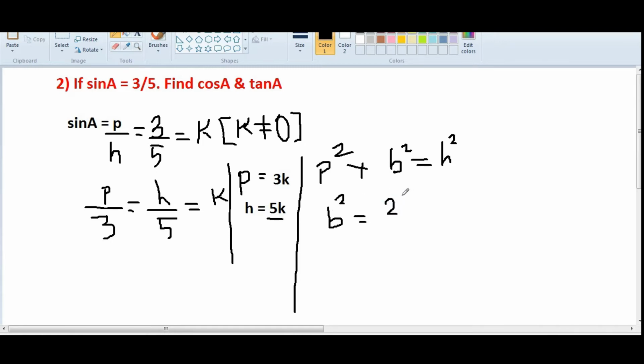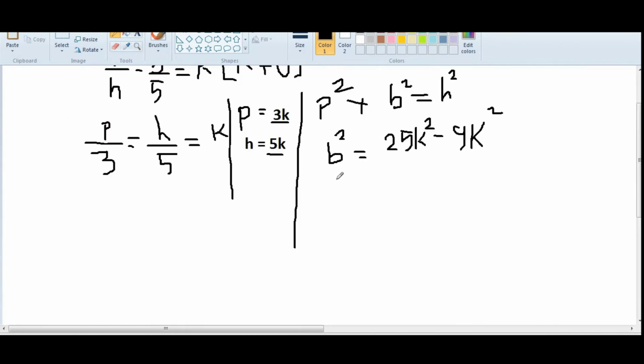So what's the value of 5K square? It's 25K square. Minus perpendicular square will shift to this side and become minus P square. P is 3K, so squaring it, it's 9K square. Evaluating, we get the value of B square, that is 16K square.